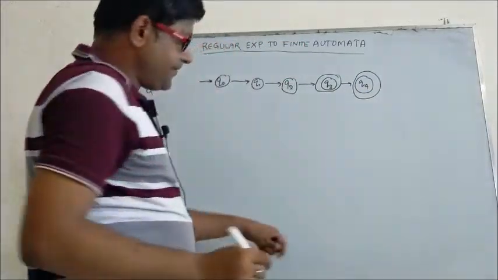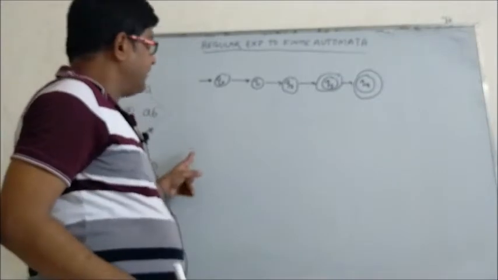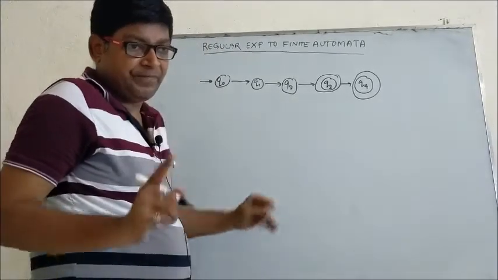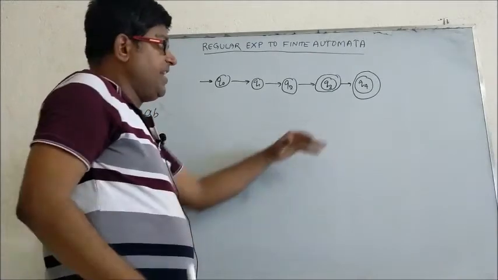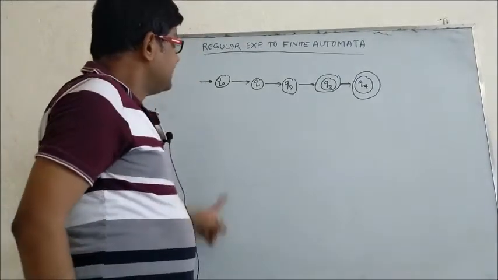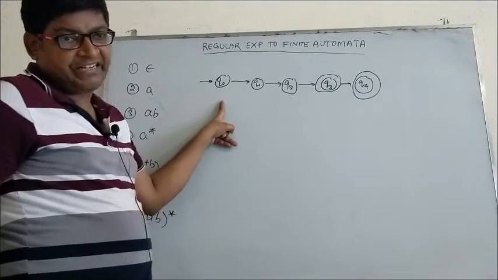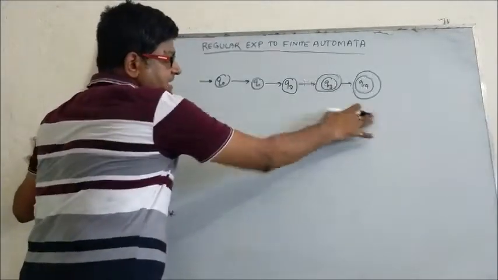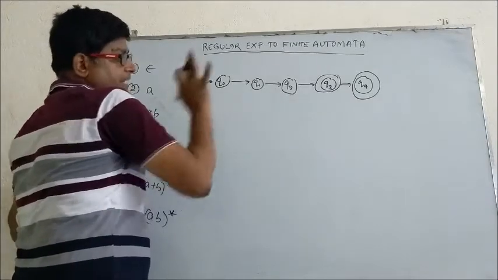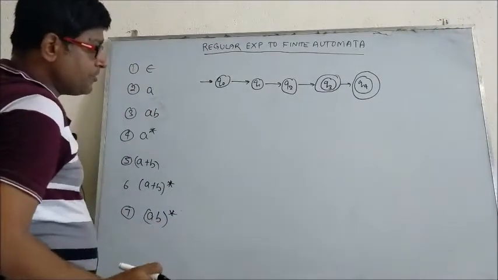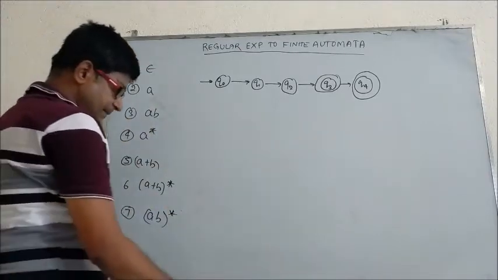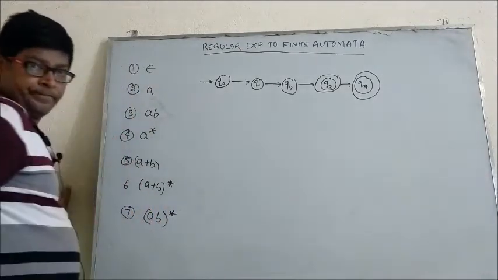So in finite automata you may have more than one final state, but only one initial state, right? And other than the initial state and final states, all other states are known as intermediate states, correct? On this basis, let's start with these regular expressions one by one.